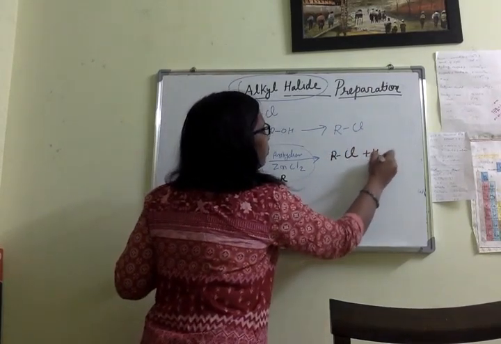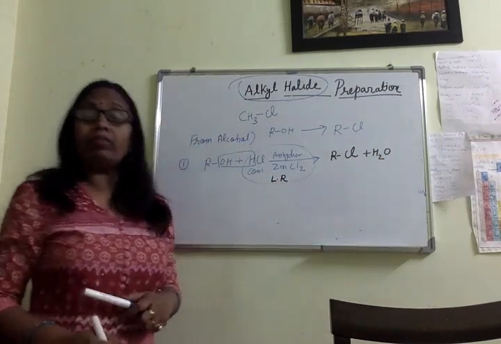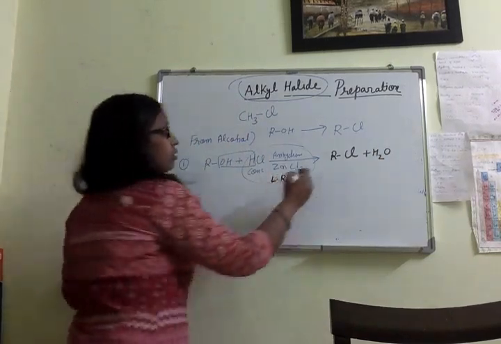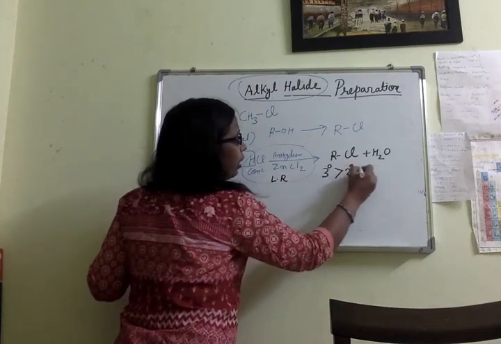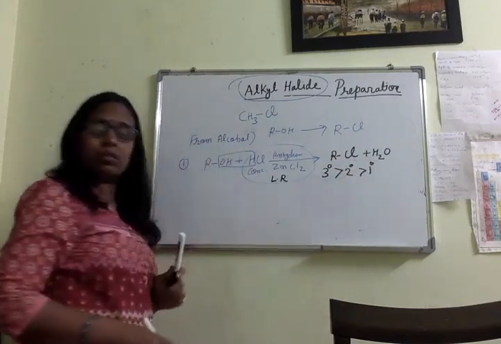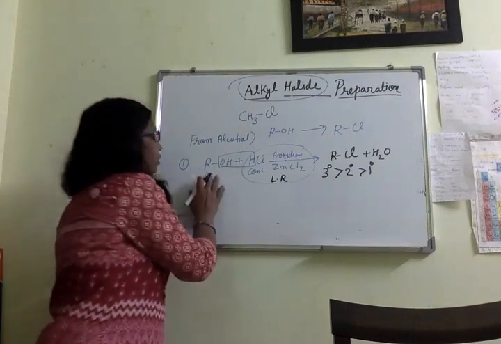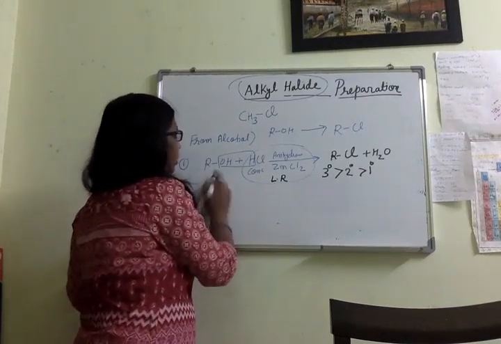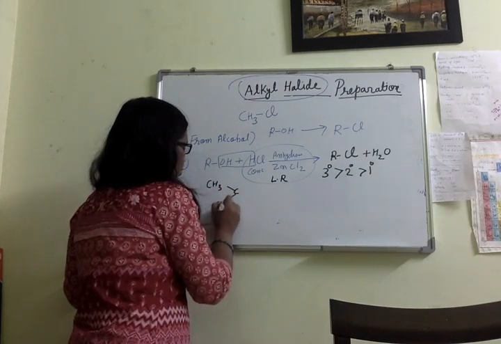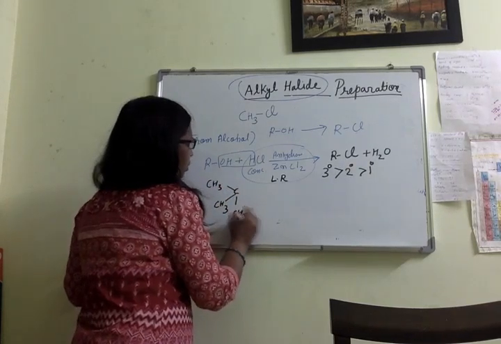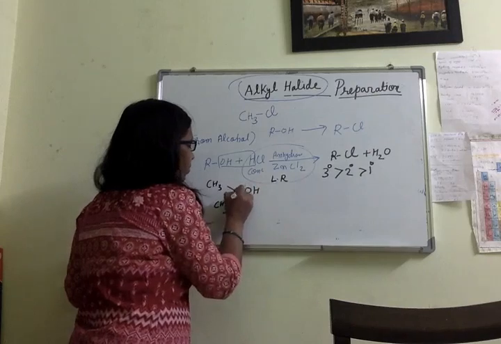The reactivity of this reaction is highest for 3 degree alcohol, then 2 degree, then 1 degree. It means when we take 3 degree alcohol, 3 degree means the OH group is attached to a tertiary carbon. It is a 3 degree alcohol. This carbon is 3 degree.